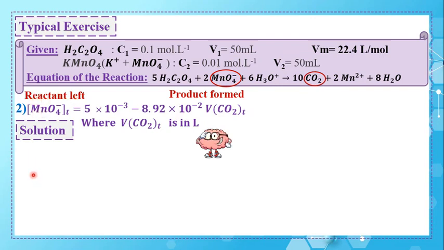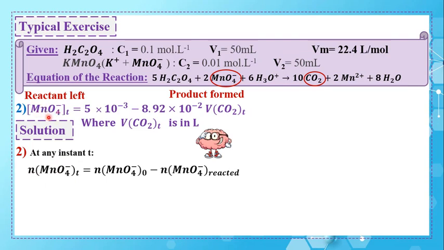So I can start by saying that at any instant t, the number of mole of MnO4- at t is equal, and since it is a reactant left, it is equal to the initial number of mole minus the number of mole that has reacted. So I have started like the beginning of the relation that I want to prove.